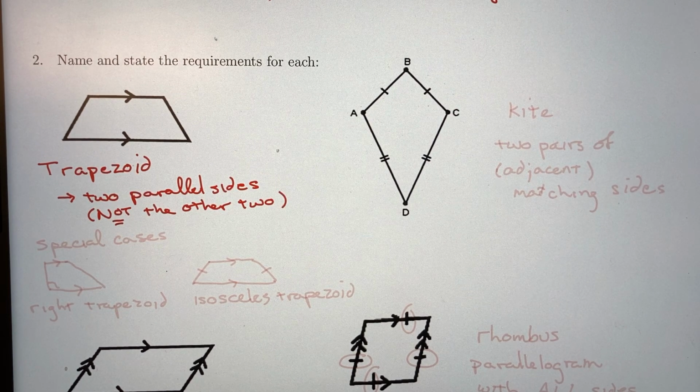So unlike some of these shapes where a rectangle is a special case of a parallelogram and so forth, trapezoid can't be a parallelogram. You can't have 2 pairs of parallel sides.